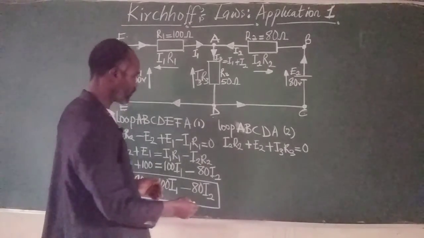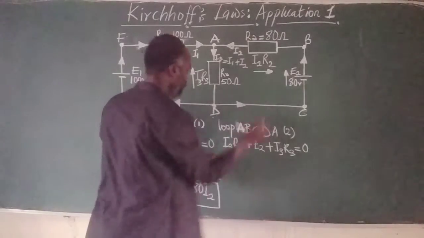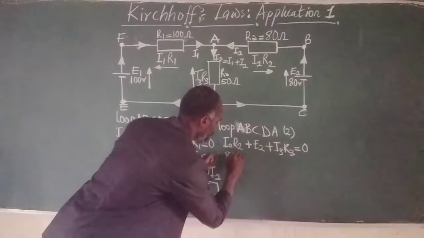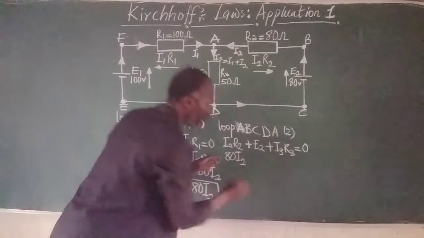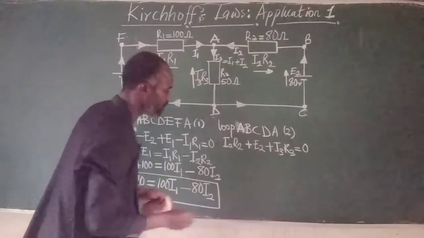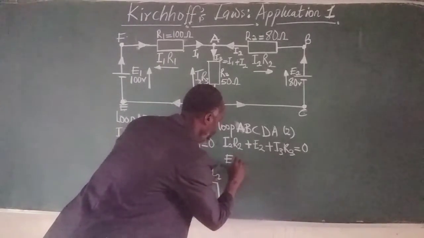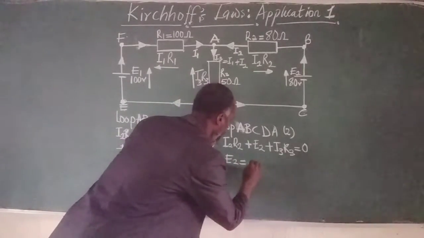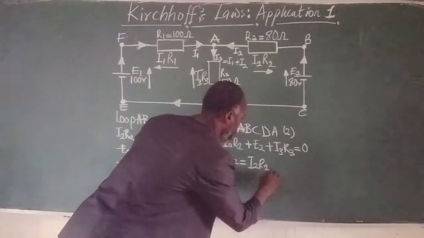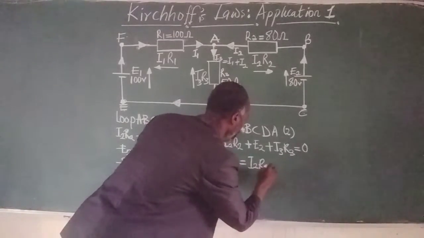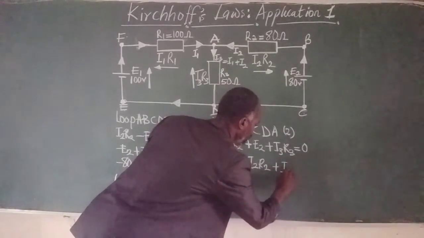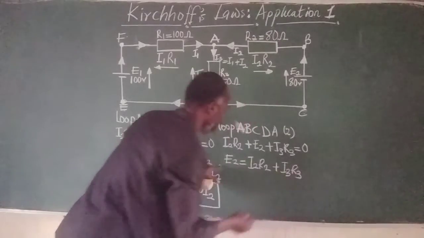We move on straight away and then substitute. Before that, we need to rearrange the equation. We rearrange, and it is going to be E2 equal to I2 R2, and because there is this minus, it's going to affect everything, we have plus I3 R3.